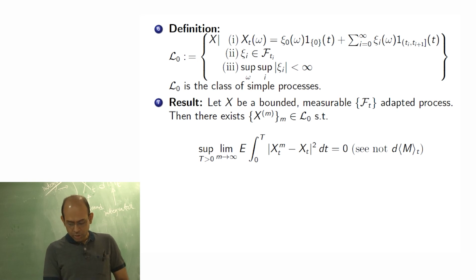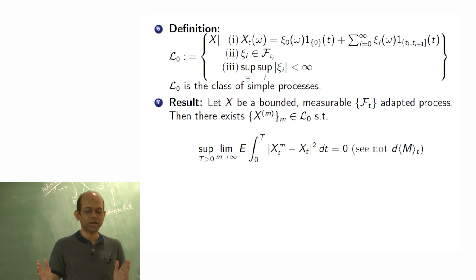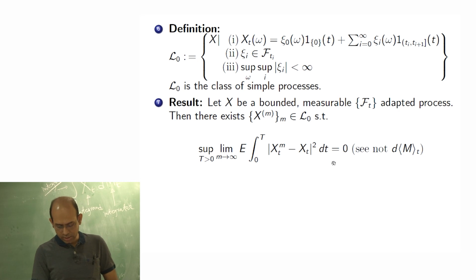But here the supremum over capital T greater than 0 is also involved. If you fix capital T, that means you are considering only the finite horizon case, and then it says that every bounded measurable F_t-adapted process can be approximated by a simple process from here. So, that is a nice result.